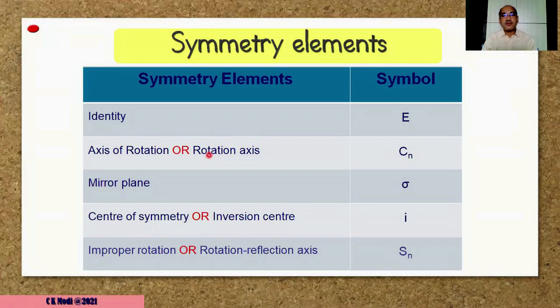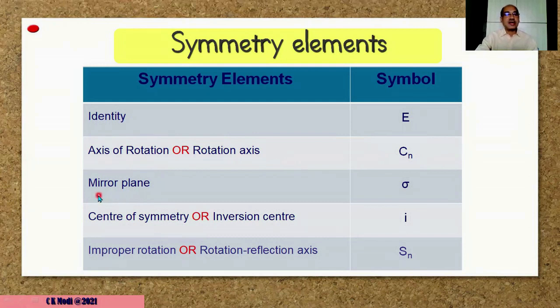Now, symmetry elements. There are 5 important symmetry elements. The first one is called identity, E. The second symmetry element is called the axis of rotation, or rotation axis, which is symbolized by Cn.